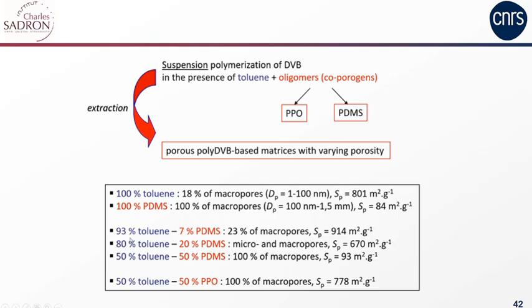And then when you have intermediate composition, you will have intermediate situations. So you can vary the porosity by varying the nature of the porogen. So this is relatively the same conclusion as we already mentioned when we talked about the porogenic solvent.